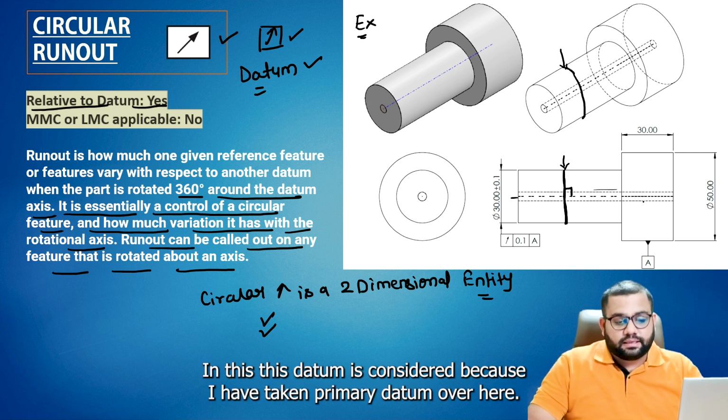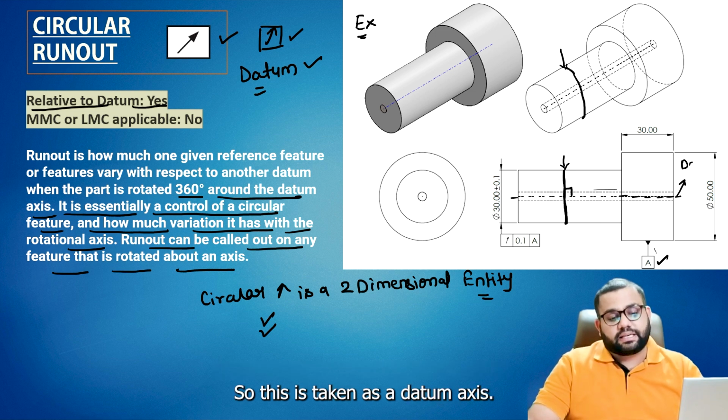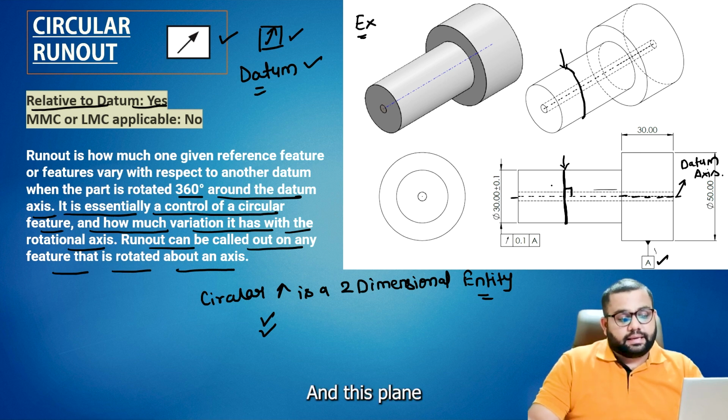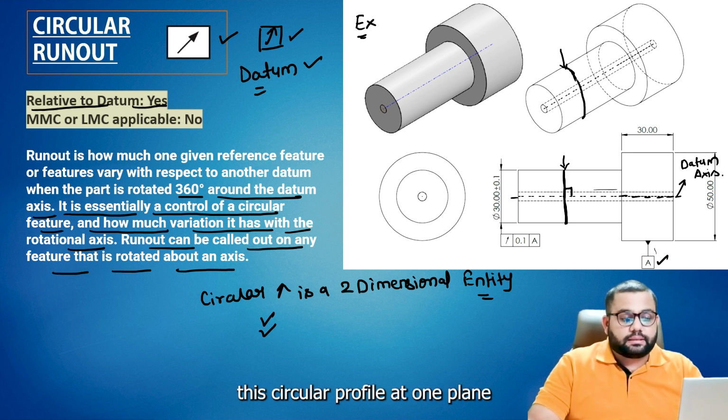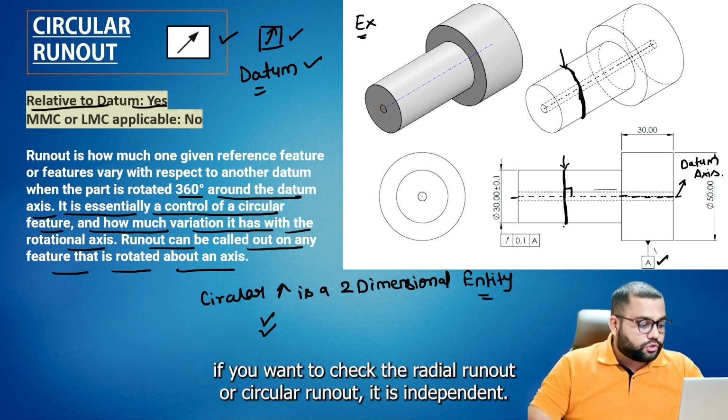The datum is considered because I have taken the primary datum over here, so we have taken this primary datum as the datum axis. This circular profile on the part, at one plane, is always perpendicular to the datum axis.